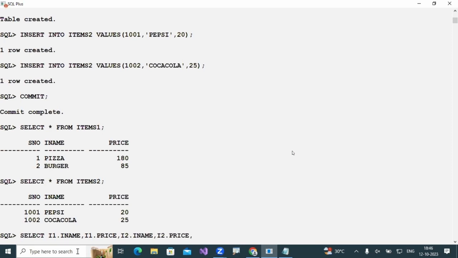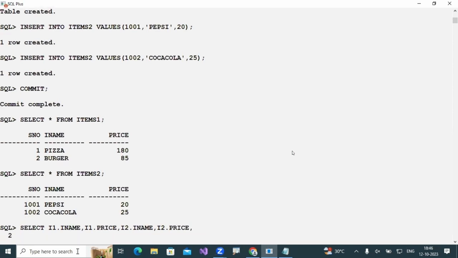So these are my required products I'm taking from 2 tables. Then after that I need to apply the logic. What is the logic? I1 dot price plus I2 dot price, that I will show as total amount.